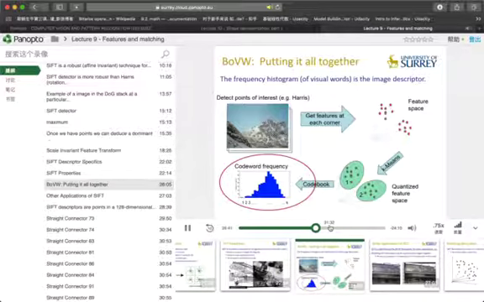And that then gives us our cloud of points, our distribution of points in 128-dimensional space, which we cluster and ultimately use to compile this frequency histogram. So is everyone clear on how this pipeline works? Ultimately, it's a way of converting this image into this frequency histogram and therefore a point in a k-dimensional space.